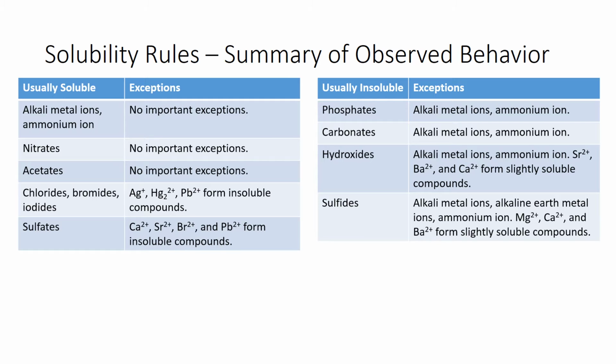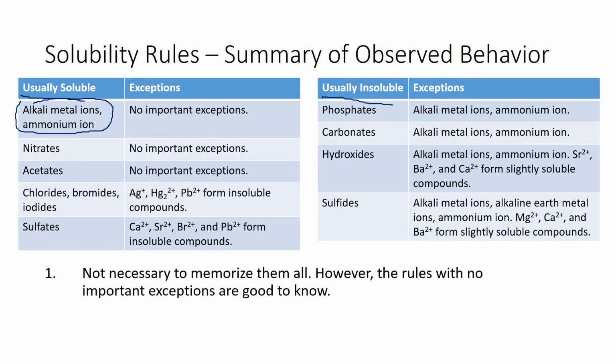Listed as what are usually soluble and usually insoluble, they separate them out, and start out with some cations that have rules. But notice that that's the only one that has anything to do with cations. All the rest of them are anions in the left-hand column. Some cations are mentioned in the right-hand columns for those things. So these types of things are important.